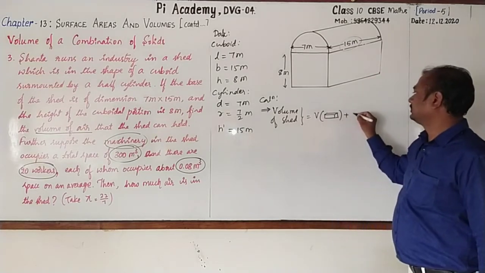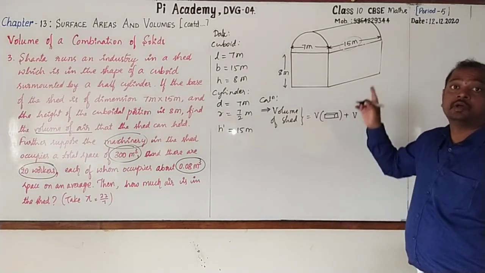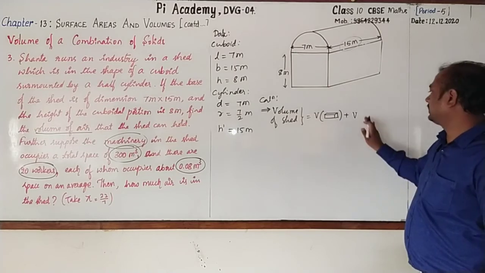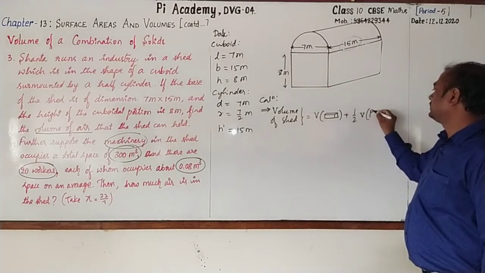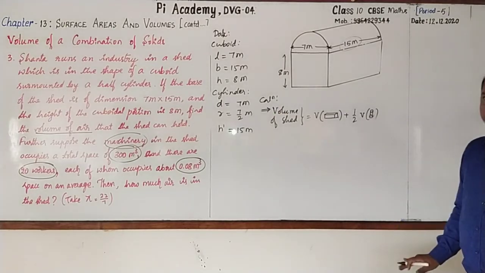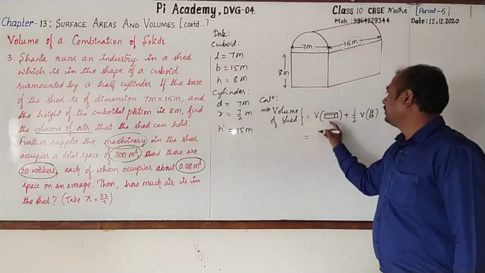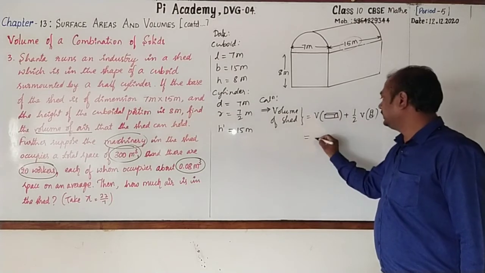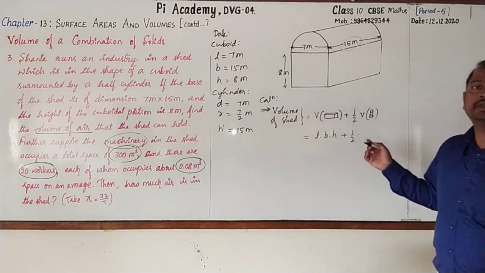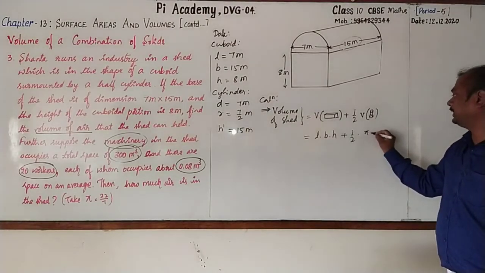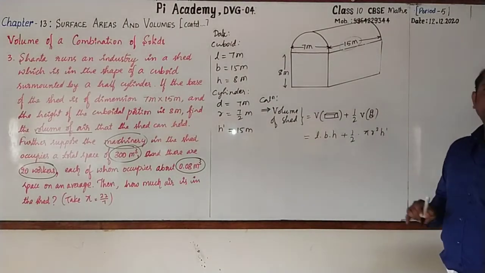cuboid plus volume of vertically half cylinder, or else here I'll write half into volume of cylinder. Clear? It is equal to volume of cuboid, L into B into H, plus half into volume of cylinder, pi R square H dash.